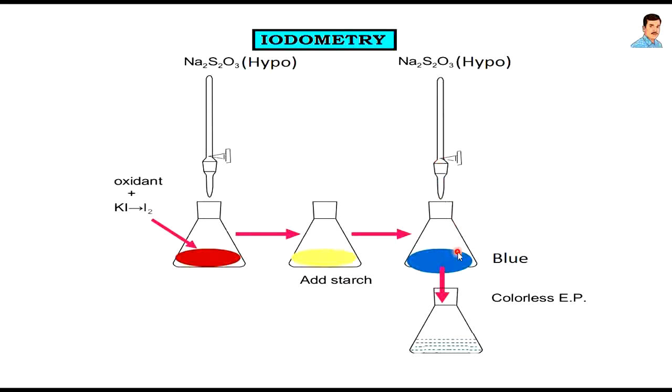At the end point, the color of the solution turns from blue to colorless. This is the end point of the titration. From the volume of hypo consumed, we can determine the concentration of iodine. Indirectly, we are determining the concentration of the oxidizing agent. This is the concept of iodometry.